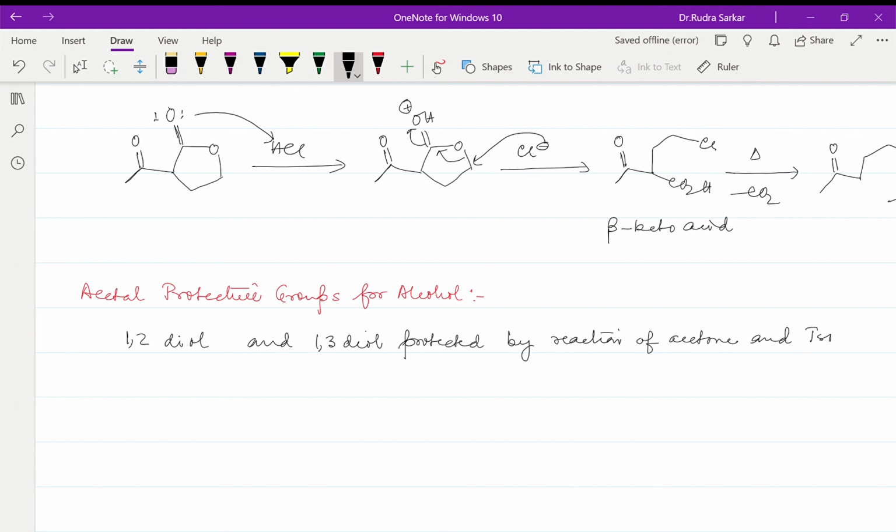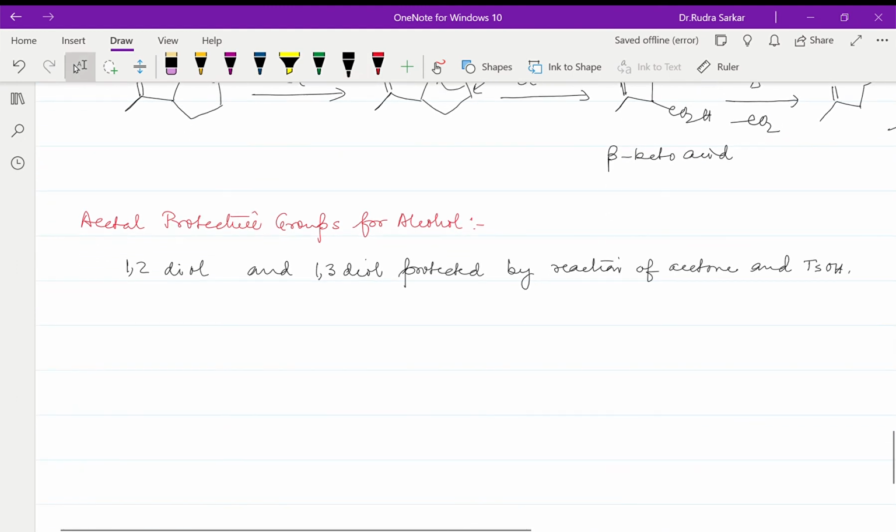Out here, obviously, it is the tosic acid. All right. And this will result in the formation of a cyclic acetal.